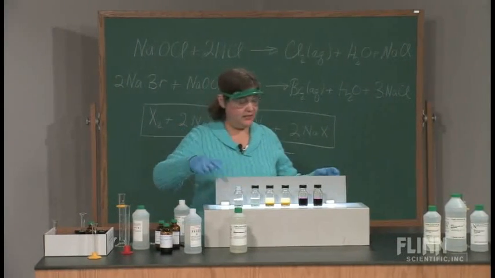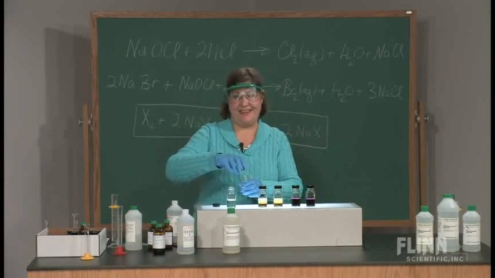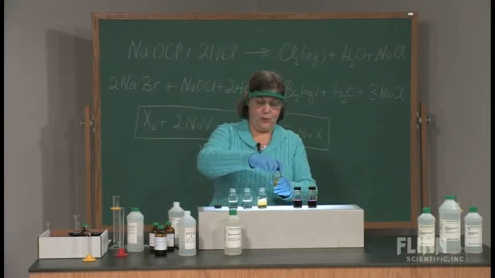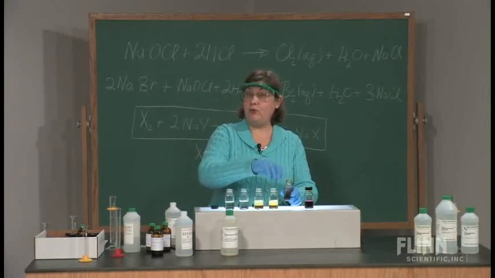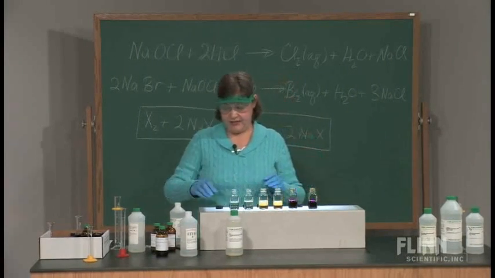Just for now, I'm going to take this away from here so that I can more easily pour, and then we'll put it back at the end. Again, what we're going to look for is color changes in both the bottom layer and the top layer. That is, any evidence of a chemical reaction.